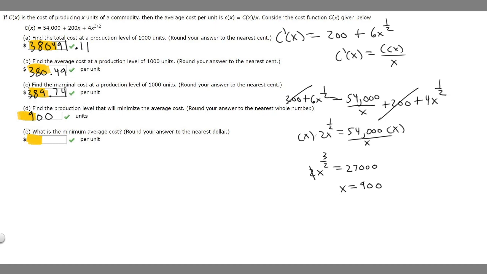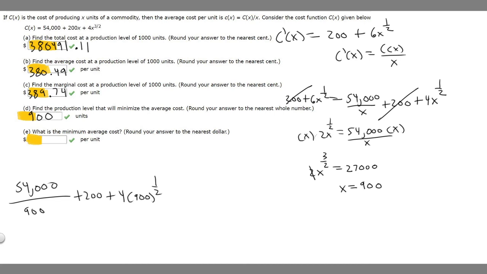But then how do we find the minimum average cost? So what we want to do is take C of x over x, but instead of x, we're going to plug in 900. We already have that here. So it's going to be 54,000 over x, but we're using 900, plus 200 plus 4 times 900 to the 1 half.